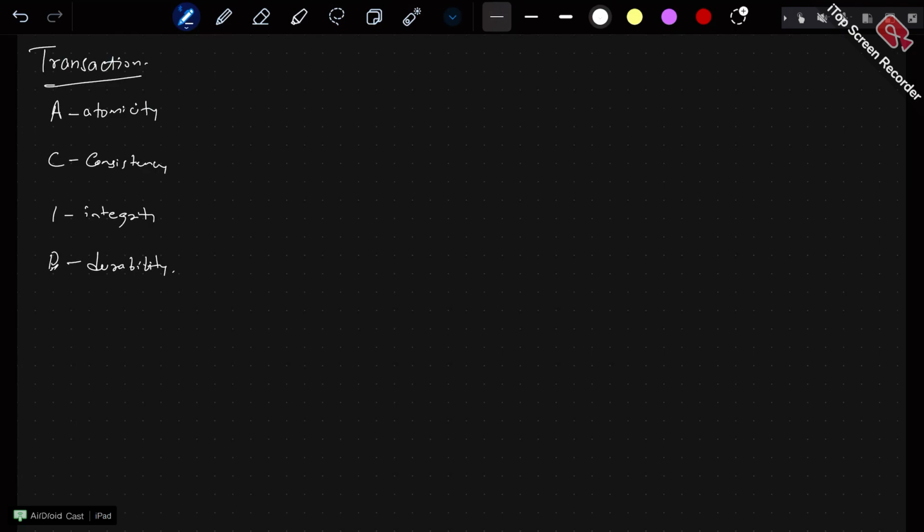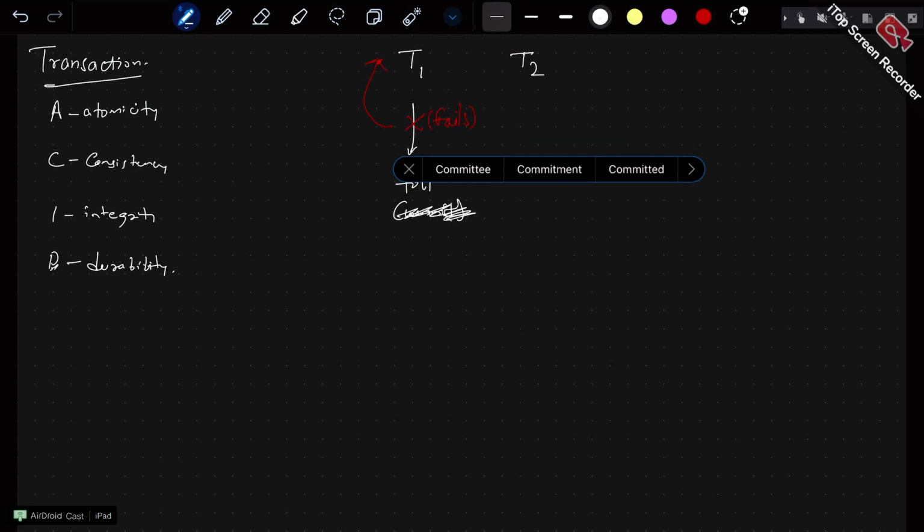Now what does atomicity state in a transaction? Either all of it occurs or none of it occurs.